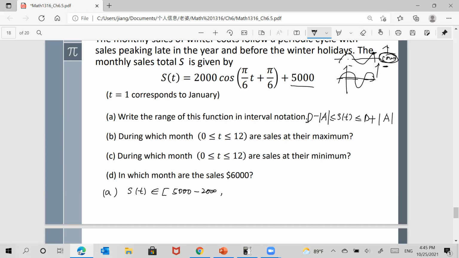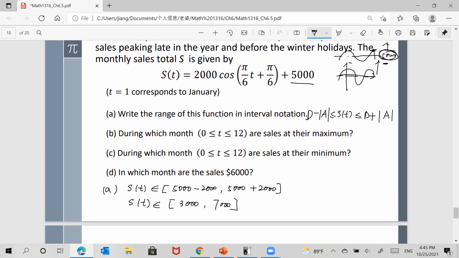And then the maximum is D plus absolute value of A, 5,000 plus 2,000. So I can rewrite the range. That means the range is between 3,000 and 7,000.